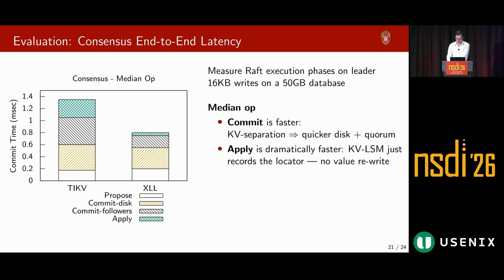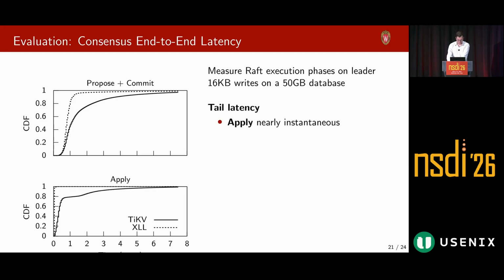But apply is dramatically faster because we're not actually doing an extra disk write on apply at all. We're just recording that locator in the KV LSM tree. This is even more apparent when we look at a CDF, not just of the median, but of the entire distribution. And apply, especially at the tail, is nearly instantaneous with XL, where it's much slower with TiKV.